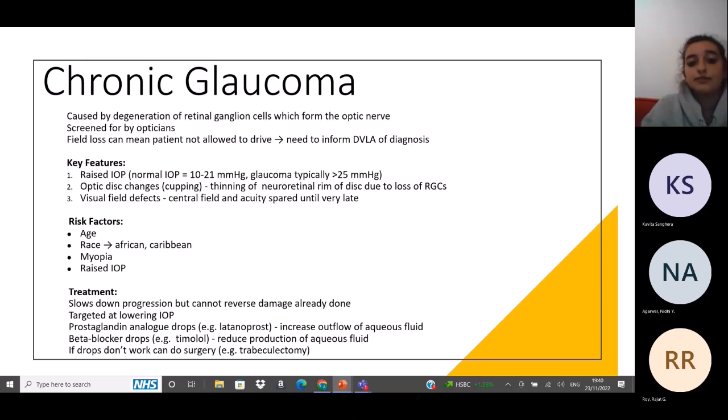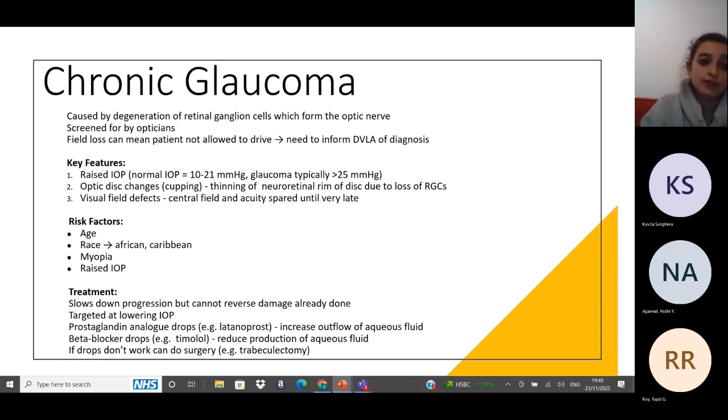Your central field is usually spared until quite late; it's more your peripheral fields that go. In terms of risk factors: older age, African and Caribbean people tend to get it more commonly, being short-sighted, and having a raised intraocular pressure for any other reason.